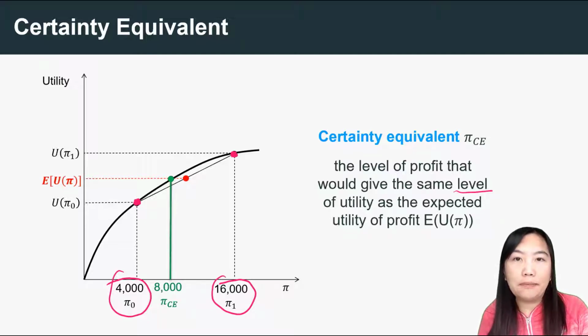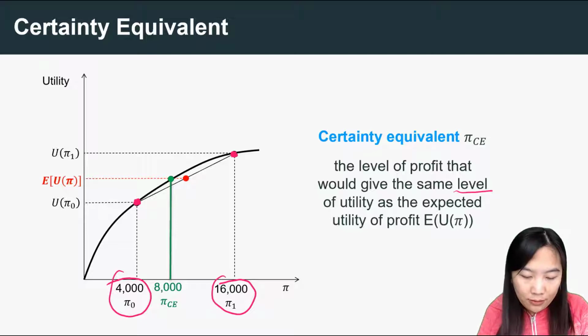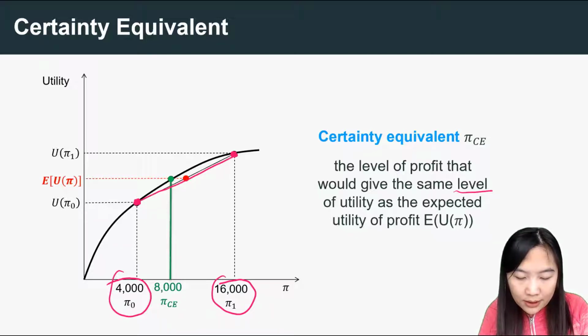So we find the utility of the profit under good weather and bad weather. If we want to find the expected utility, we draw a straight line connecting those two points.